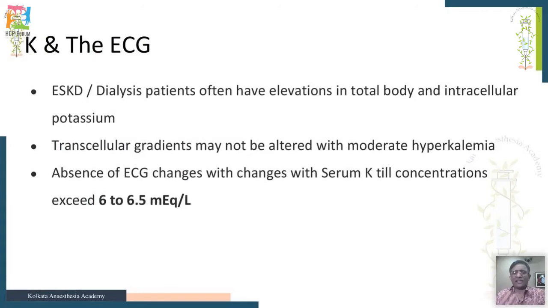The consensus opinion is that it's the transcellular gradient, and not the absolute serum potassium value. Essentially, these patients inherently have higher total body and intracellular potassium, and therefore unless the serum potassium goes to around 6 or 6.5, you will not see ECG changes.